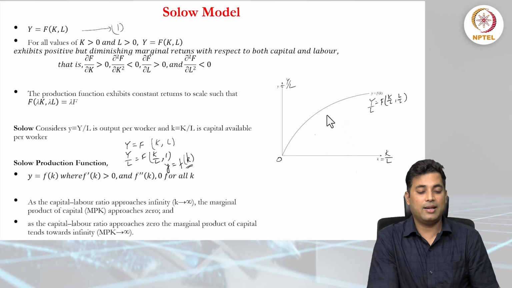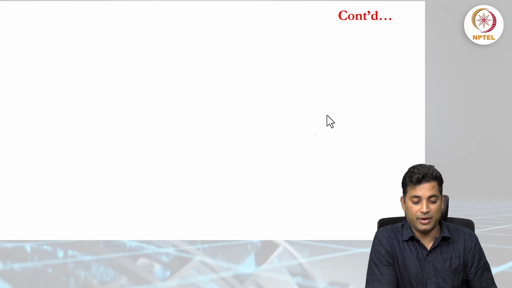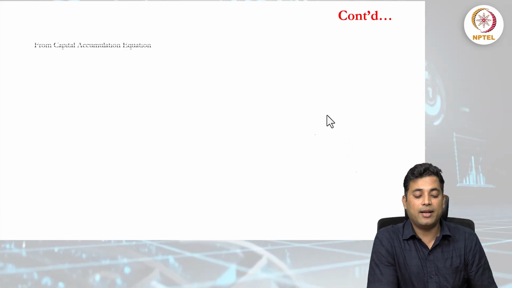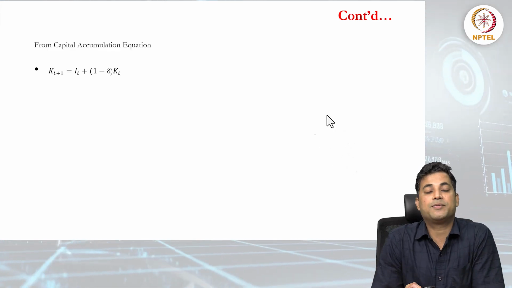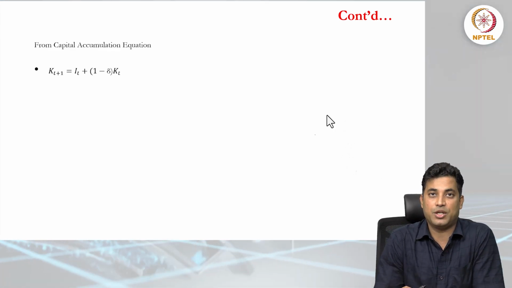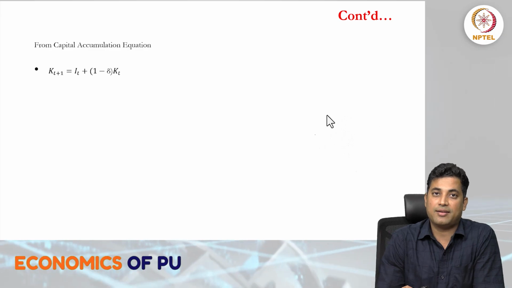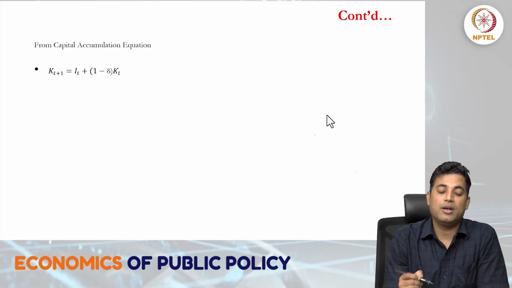Now let's move to the model. The Solow model also derives from the capital accumulation equation that we already discussed in the Harrod-Domar model.